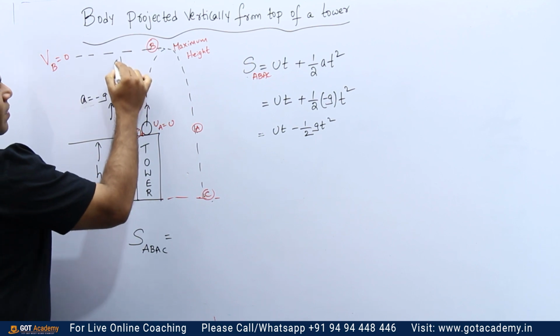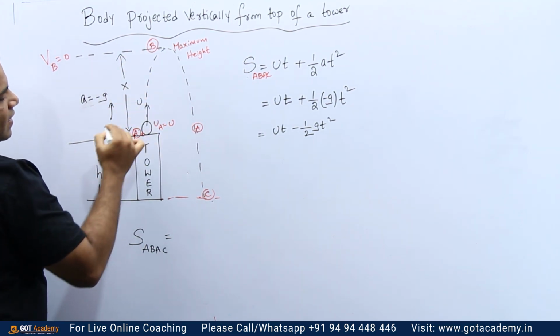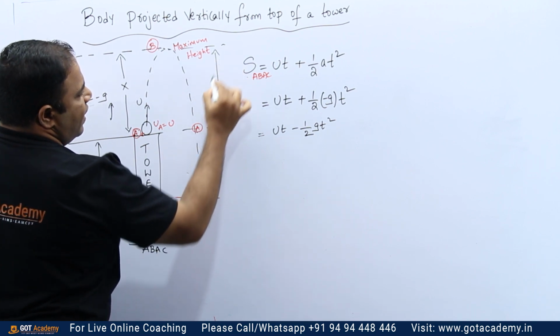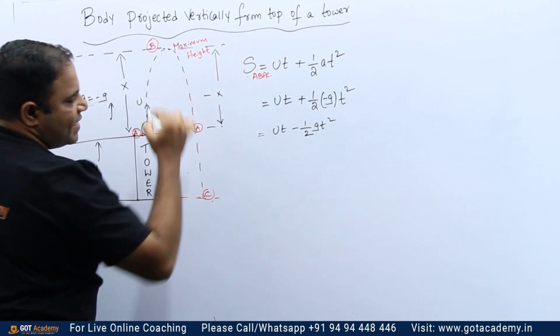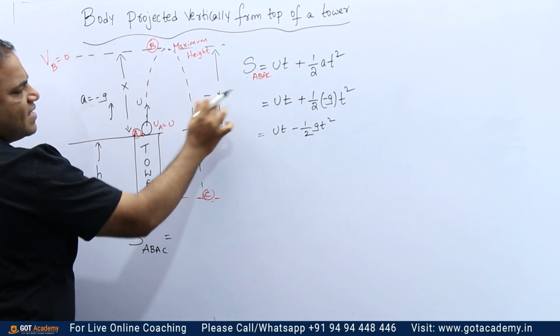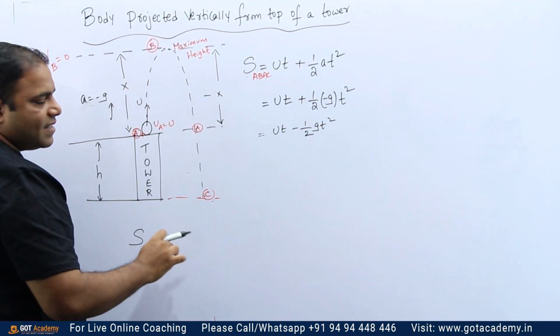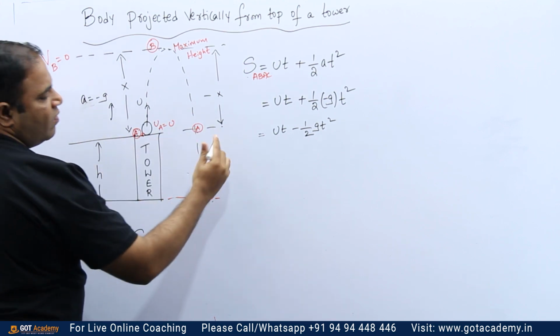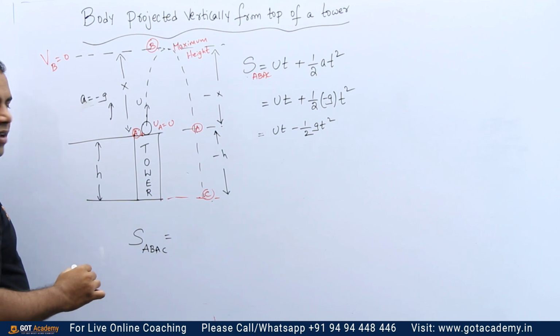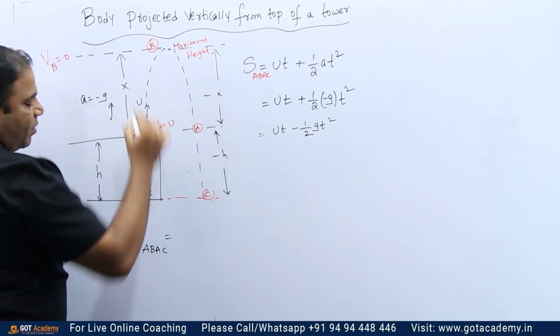From here to here, if I take it as x, it is the upward journey. Then in the downward journey I have to rename it as minus x. If this is plus x in the upward journey, it is minus x in the downward journey. Here it is h, so in the downward journey it is minus h. Like this I could write. So you are starting from A and then to B.